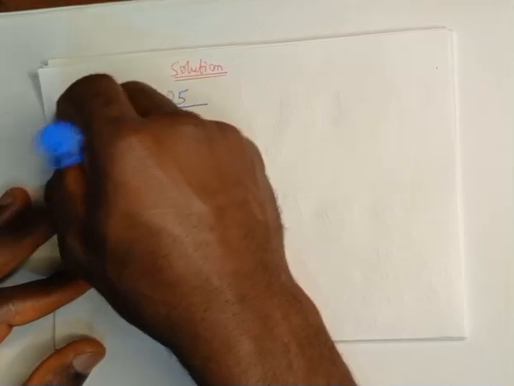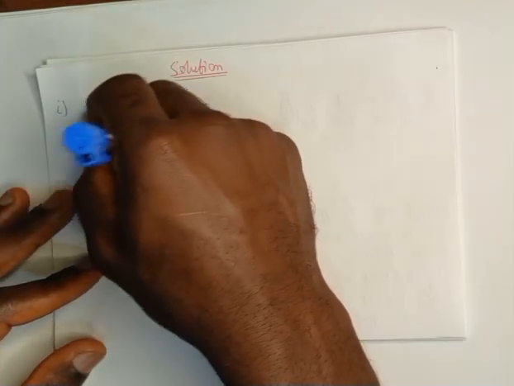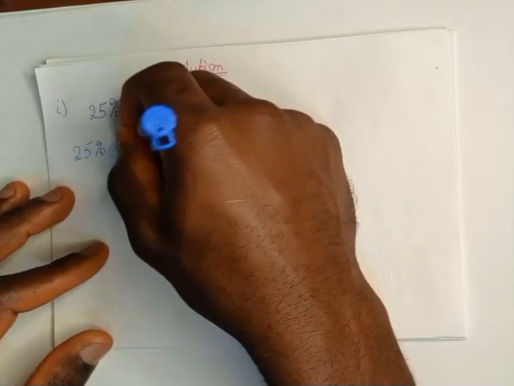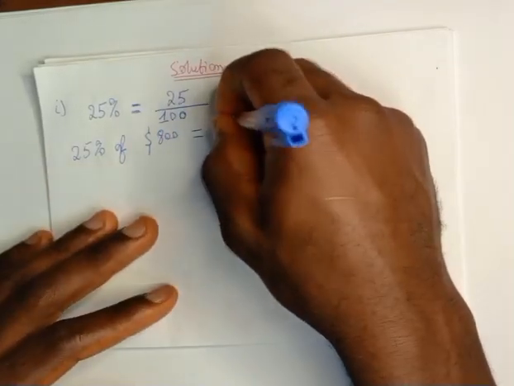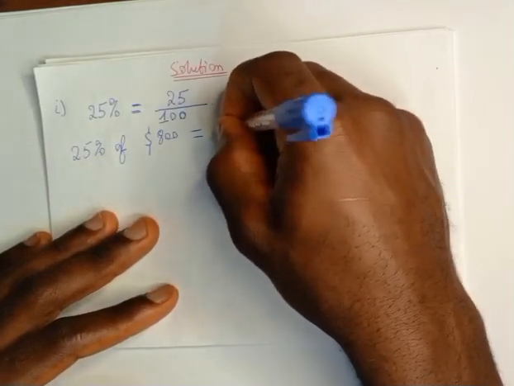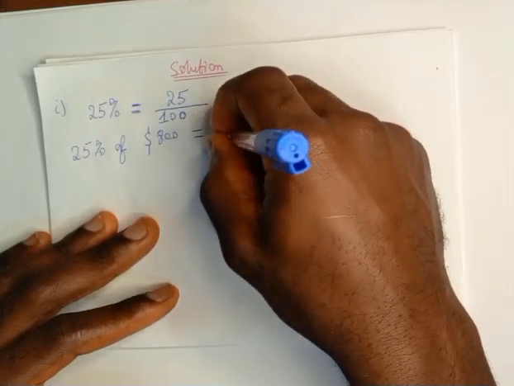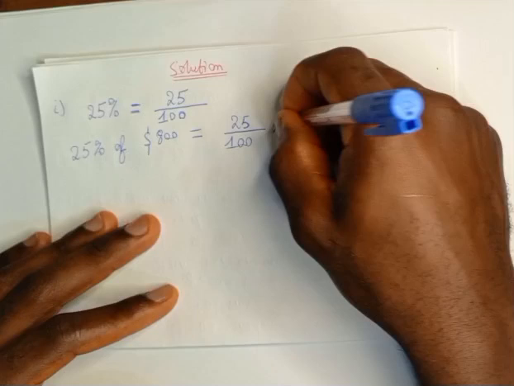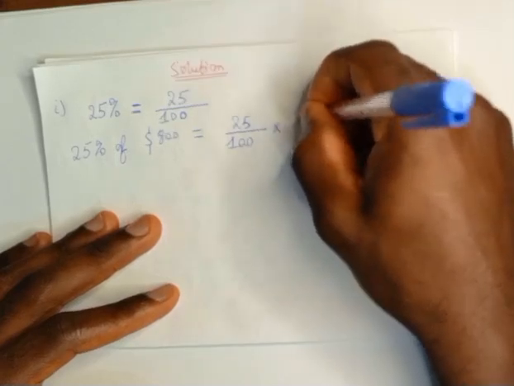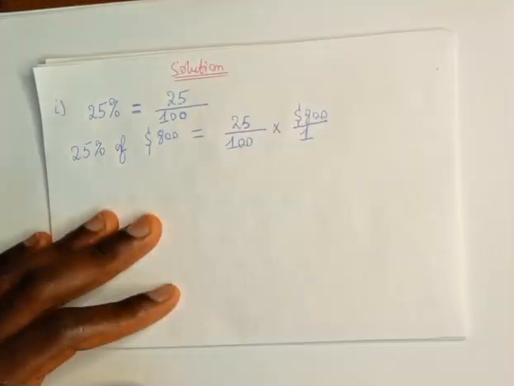If we take now the given problem, 25% of $800 will simply be equal to the percentage as a fraction, 25 over 100, times the amount, which is $800 over 1.